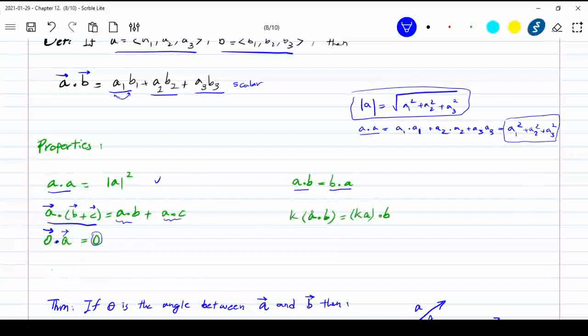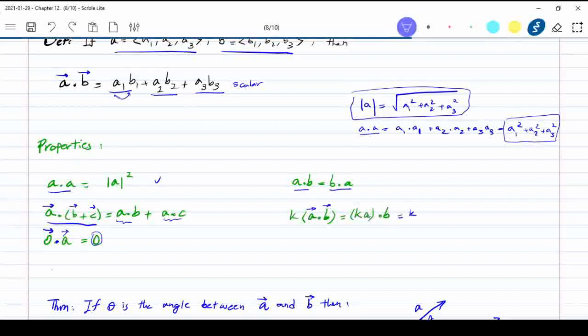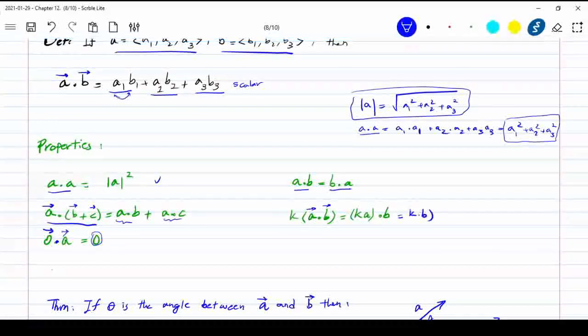And if you have a constant k multiplied by the dot product of two vectors, you can multiply the constant by vector a first and do the dot product later on. And the ordering again doesn't matter. This is the same as a dot k times b. This is not a dot here; it is the dot product with a, if k is a constant. Okay, you cannot write a dot b dot c.